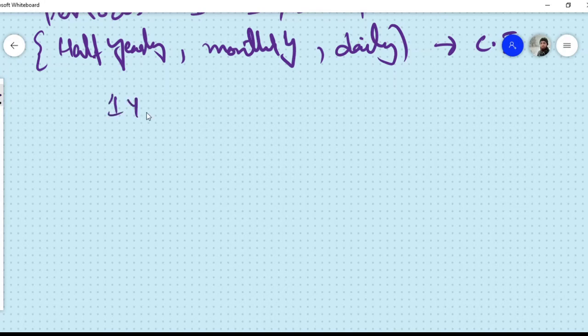Suppose 1 year has r periods, that is in a year, every rth interval the interest is calculated.